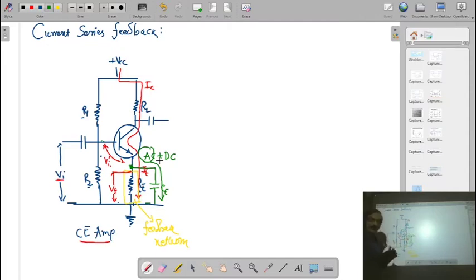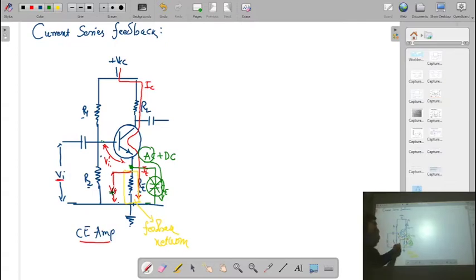But we are talking about a feedback of the AC. And that's why if you want a feedback, then you have to remove this capacitor. So when the capacitor is removed, the voltage will be AC and DC.